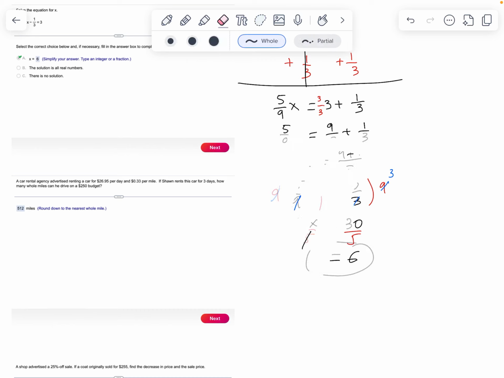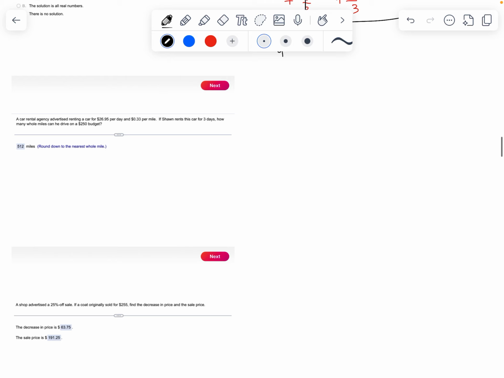Alright. Next one here, they say a car rental. We have a car rental agency advertised renting a car for $26.95 per day plus 33 cents per mile.